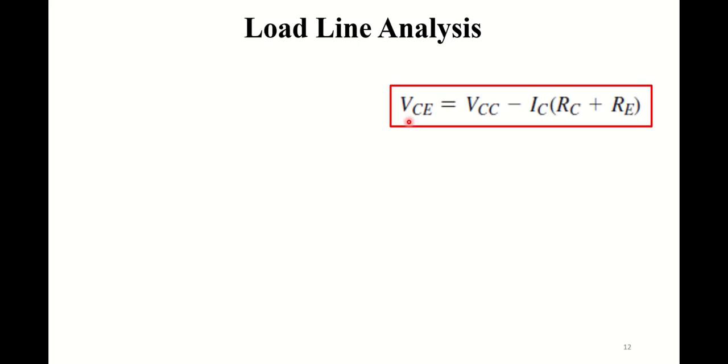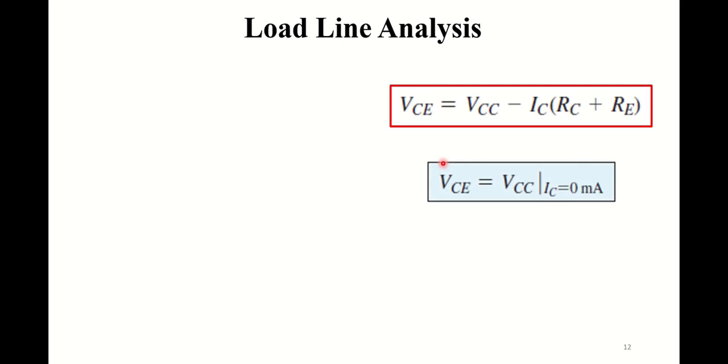Both of these points can be achieved by first replacing IC equal to 0 in the output loop equation, and then by replacing VCE equal to 0 volt in this particular equation. By doing this, we will get one point on the y-axis and the other point on the x-axis. Just connect these 2 points and you will get the load line as shown in the figure.